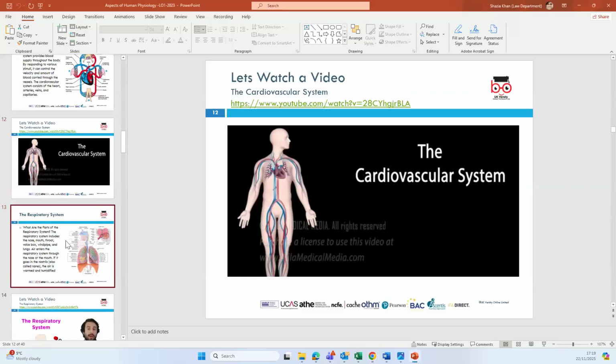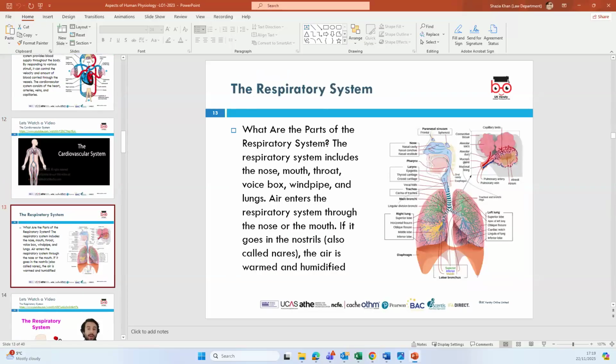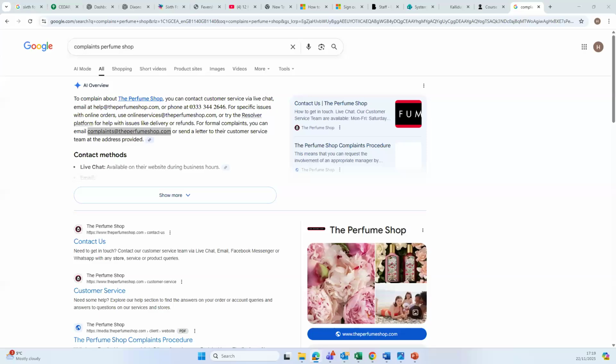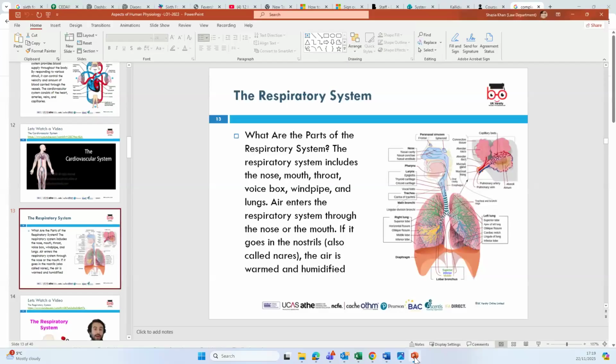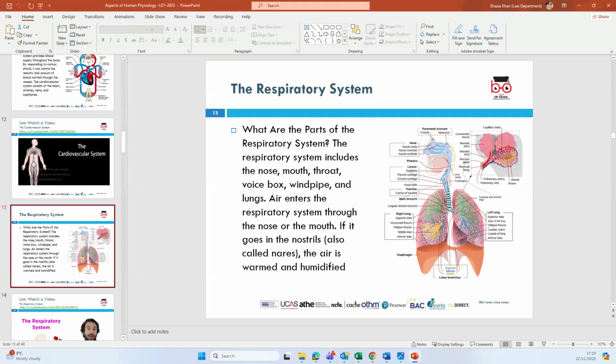The next one, we've got the respiratory system. And the respiratory system, what do you think that involves? About the lungs and then breathing, taking in oxygen and bringing out carbon dioxide. Yeah, so it's about the lungs, and it's where you breathe and you exchange gas, moving the oxygen into the body and carbon dioxide out.